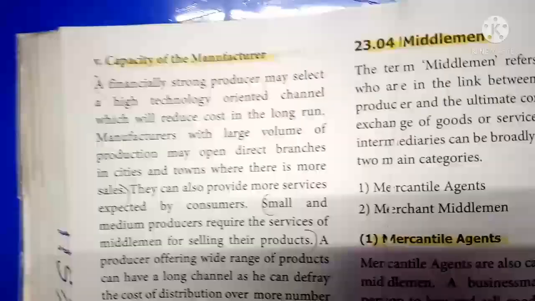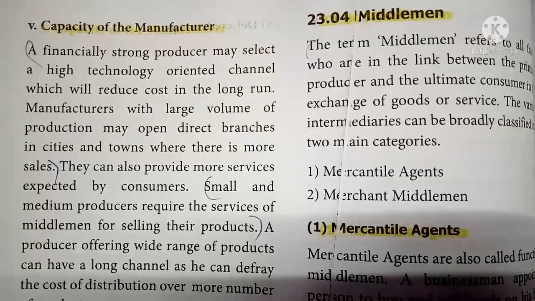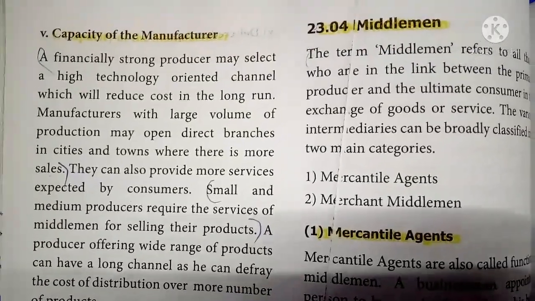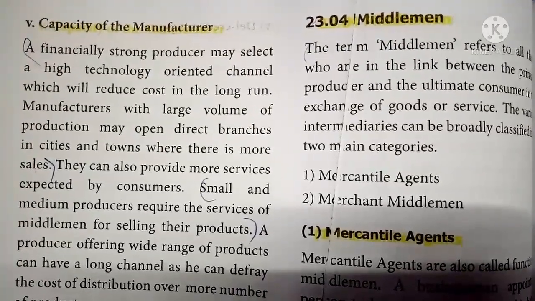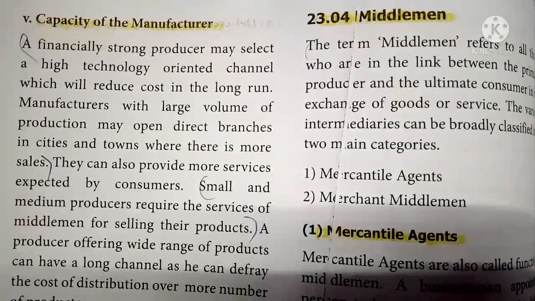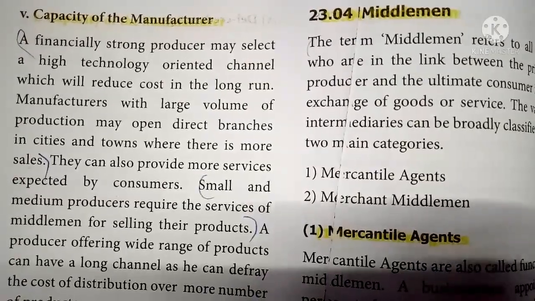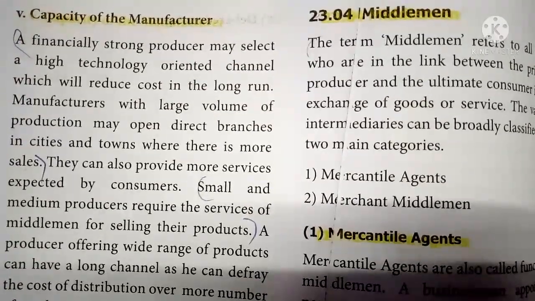Next, capacity of the manufacturers. This will also help business people to select the best channel of distribution. A financially strong producer may select a high technology oriented channel, which will reduce cost in the longer run.